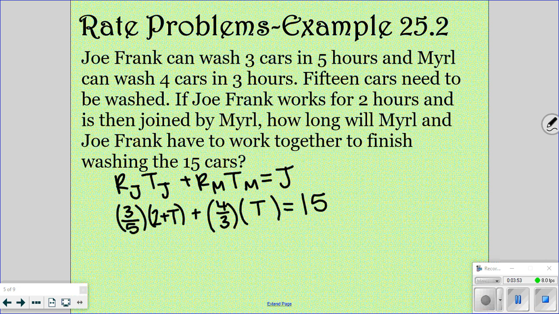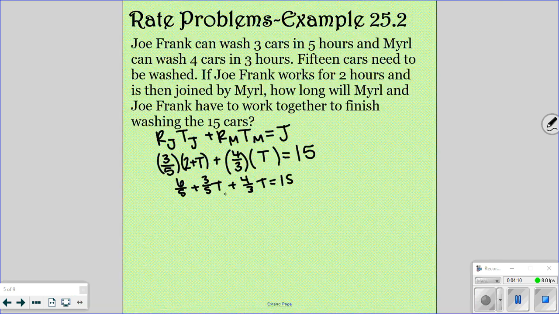And so then you're just going to have to solve for the time that they'll work together to find your answer. So we're going to distribute here. And we'll have 6 over 5 plus 3 over 5t plus 4 over 3t equals 15. So we can combine 3/5 and 4/3.